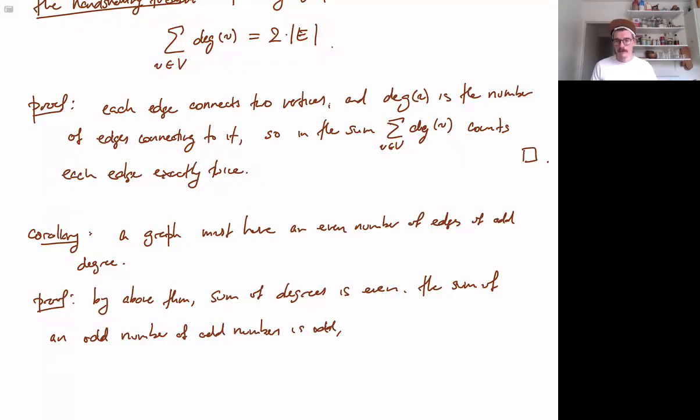So for the sum of degrees to be even, there must be an even number of odd terms, which means exactly what we're looking for: there must be an even number of vertices of odd degree.